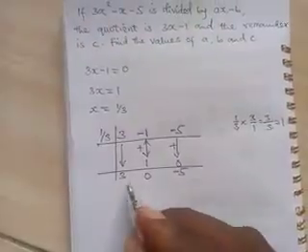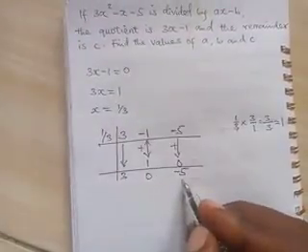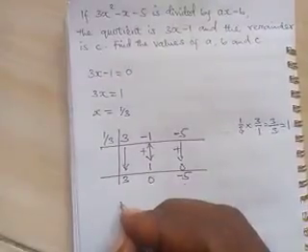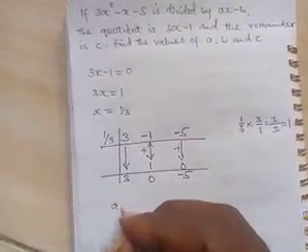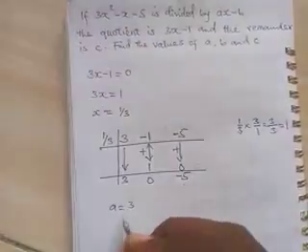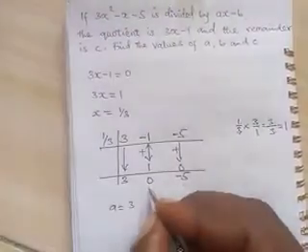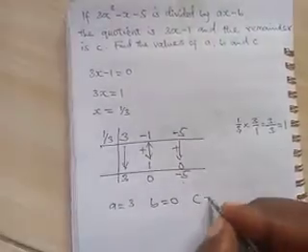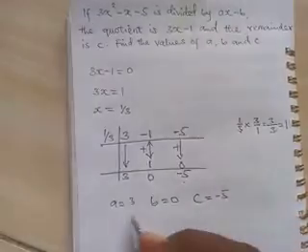You can see this is a, b, and c because they told us that R is c. They want us to find values of a, b, and c. So a is 3, b is 0, c is negative 5. So that is the answer.